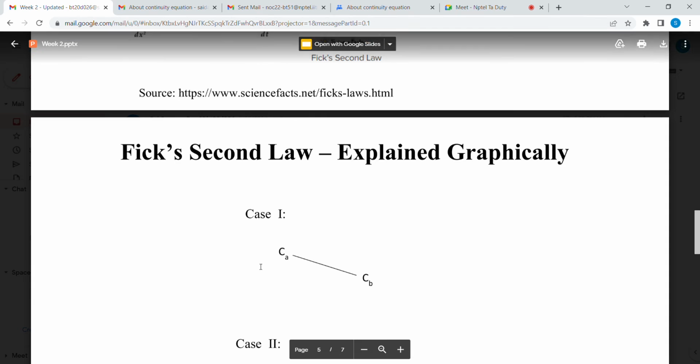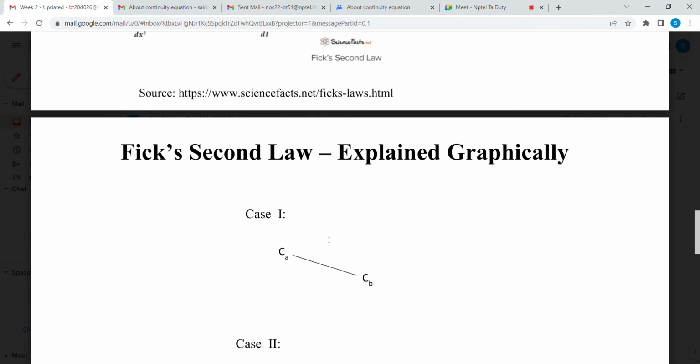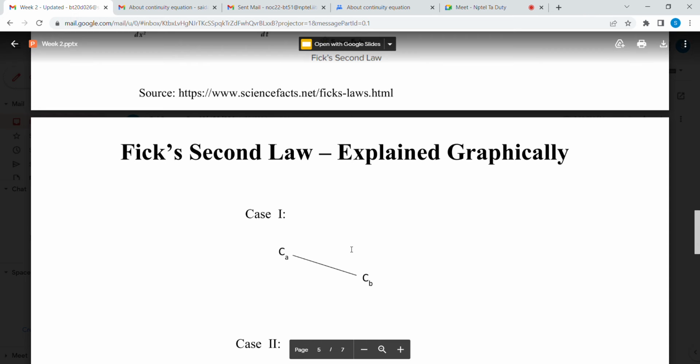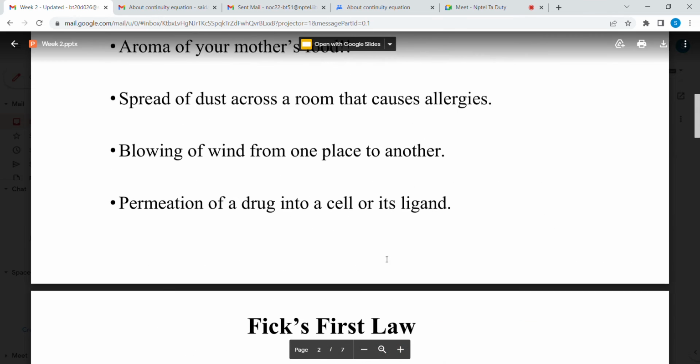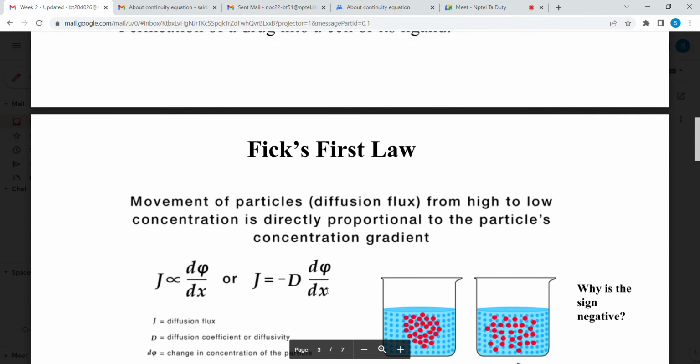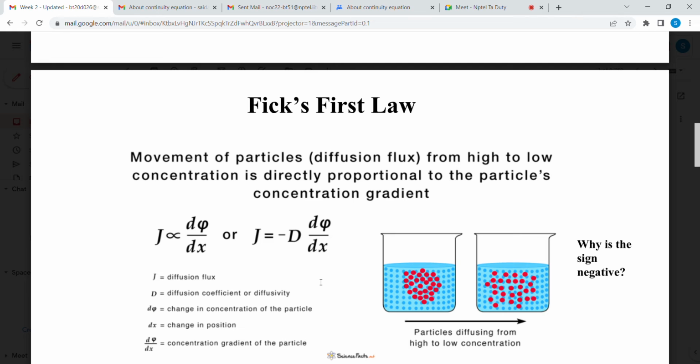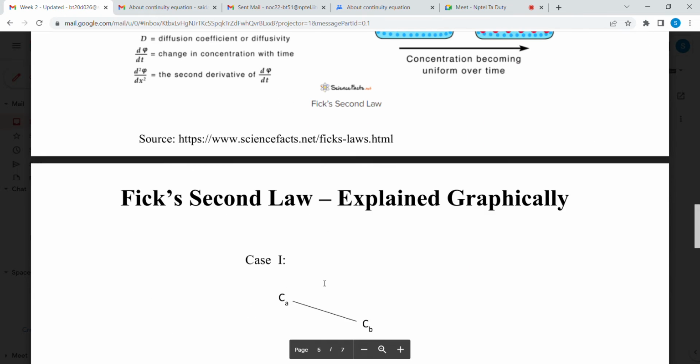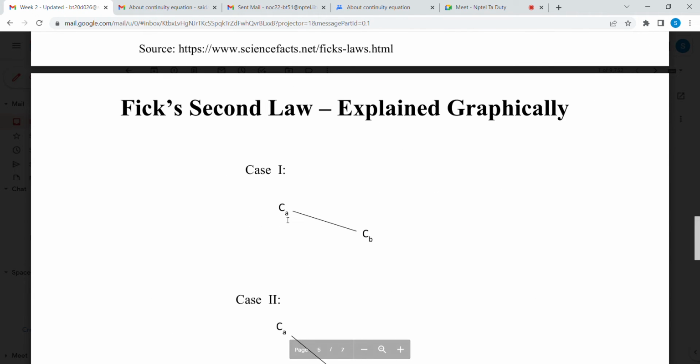You take case 1 of slide number 5, it's very simple, right? This equation, which may look intimidating just because it involves calculus, is just implying this: the rate of movement of a set of particles from one point to another point because of a concentration gradient. That's all Fick's first law says.